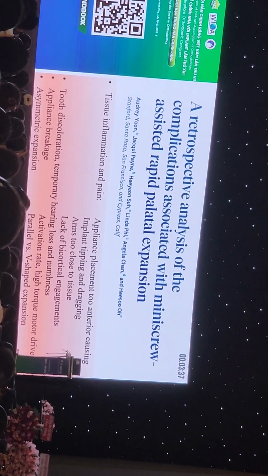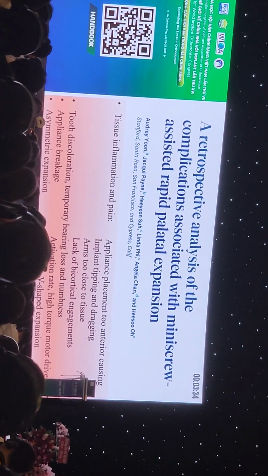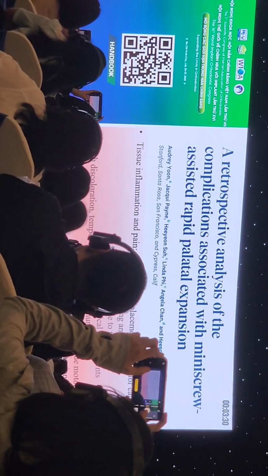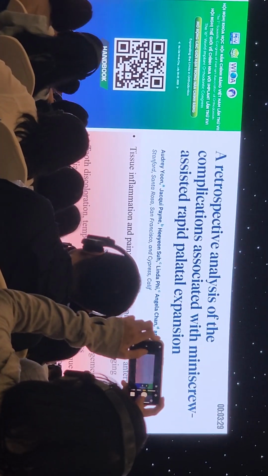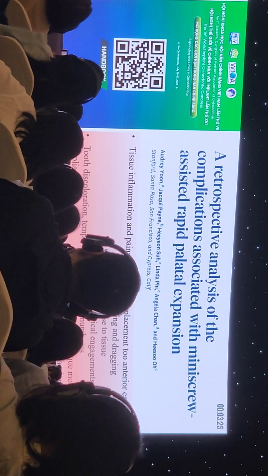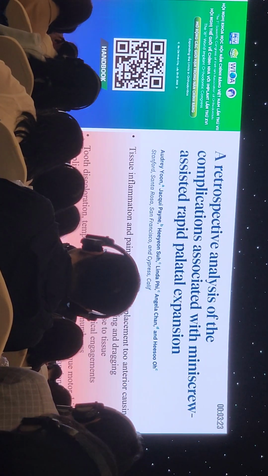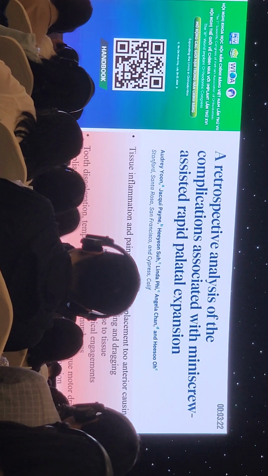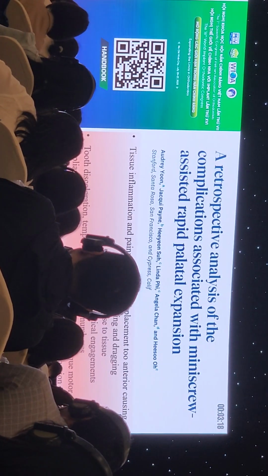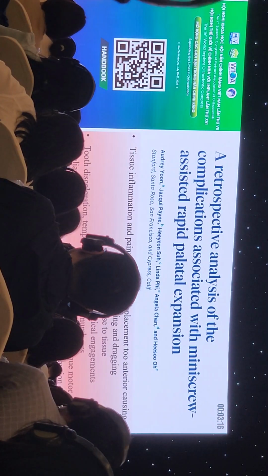there is always the dark side about using mini screws. It's not like it's totally problem-free. You definitely have some inflammation, you can get tooth discoloration, you can have appliance breakage, asymmetric expansion. How do orthodontists take care of asymmetric expansion?